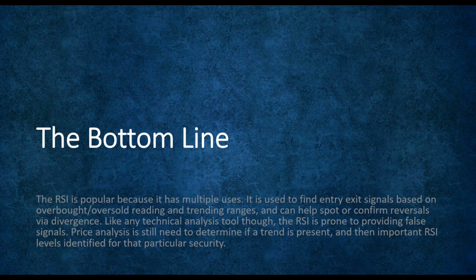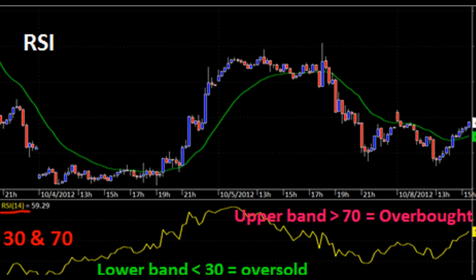Price analysis is still needed to determine if a trend is present, and then important RSI levels identified for that particular security, and always combined with other indicators. So don't follow the 30-70 rule blindly, but learning how to use RSI and its nuances can help you make good trading decisions.